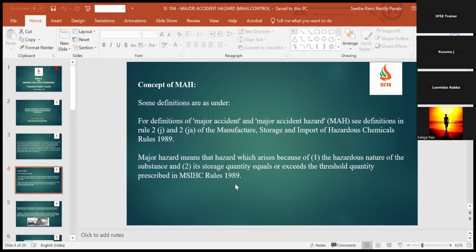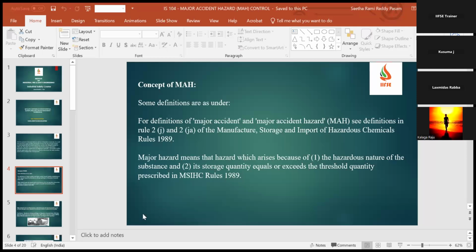A major hazard means the hazard which arises because of the hazardous nature of the substances, and second, its storage quantity equals or exceeds the threshold quantity prescribed in the MSIHC rules 1989. There we have three different schedules, schedule 1, 2 and 3. There they clearly defined the list of chemicals and their threshold quantities.